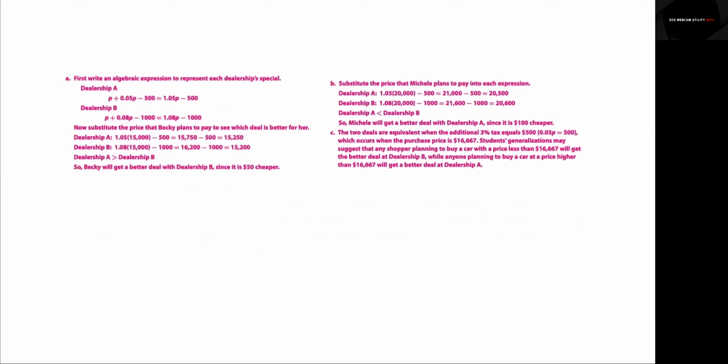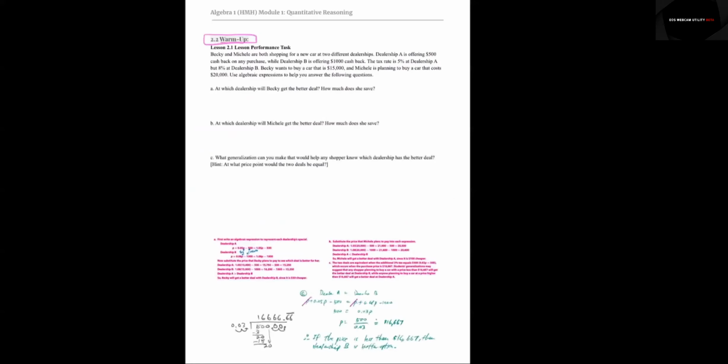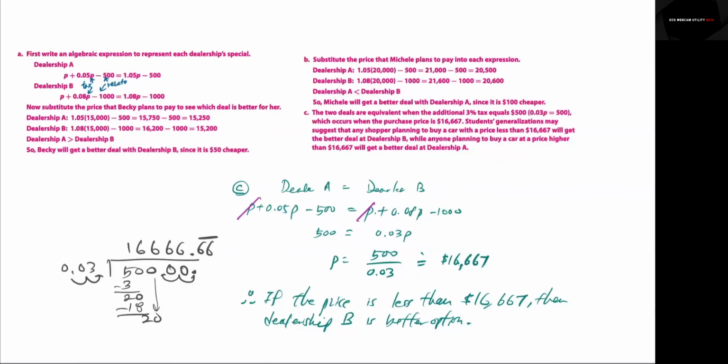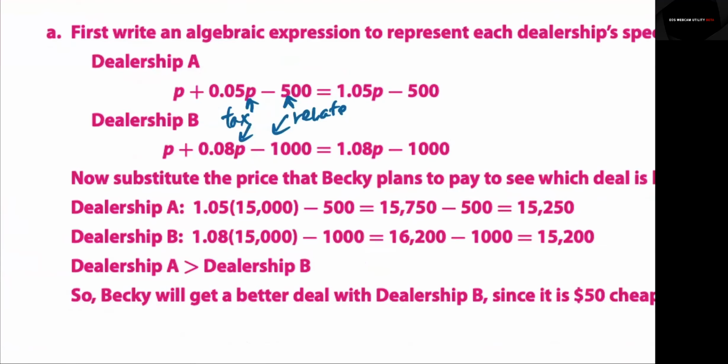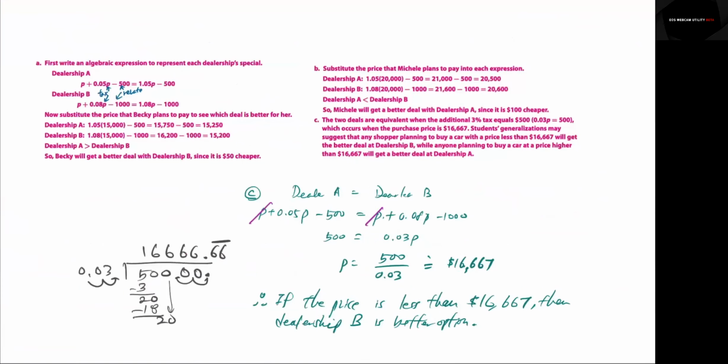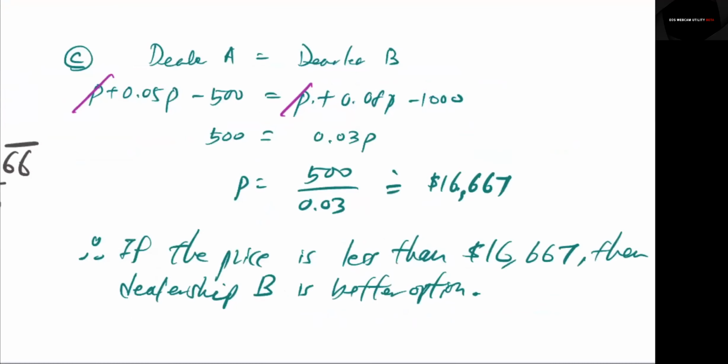Let me go to the next page because I actually did some work. So what you would want to do is the following. By the way, during the class, I made a point that these two represent the tax and these two represent the rebates. So I want to know when dealership A and B are the same, so I wrote it down.